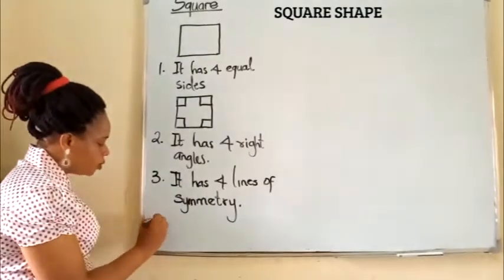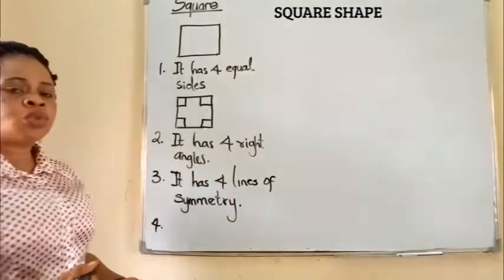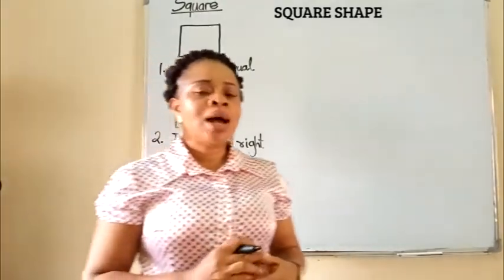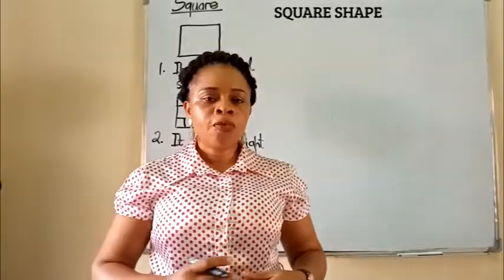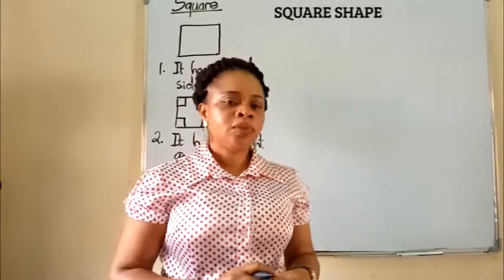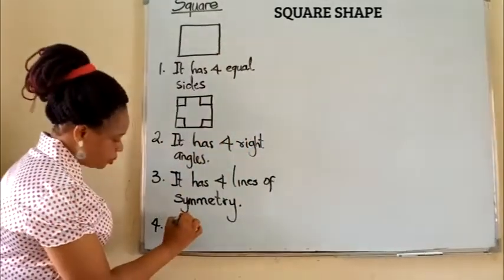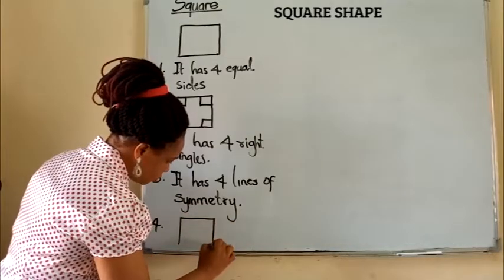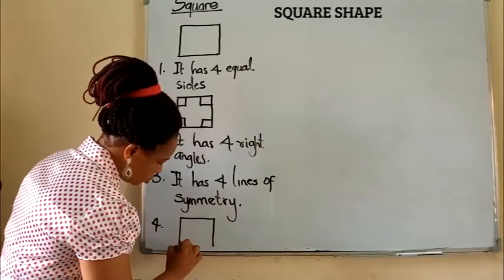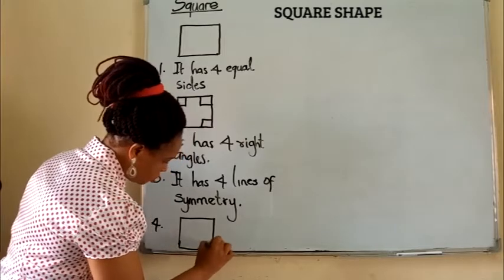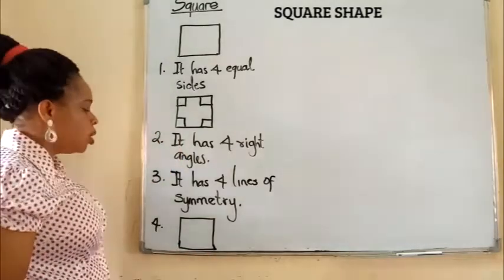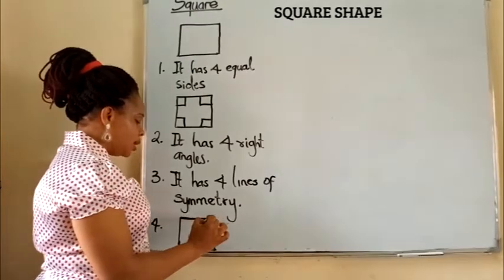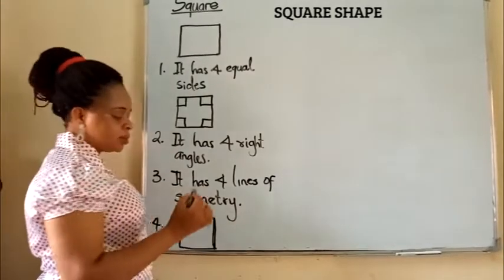Number 4, I also want to bring to you how to calculate the area of a square shape. This is a square shape. To calculate the area of this shape, I am looking at the length and the breadth.